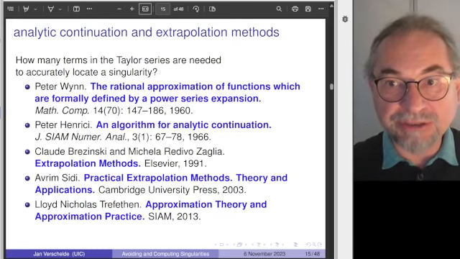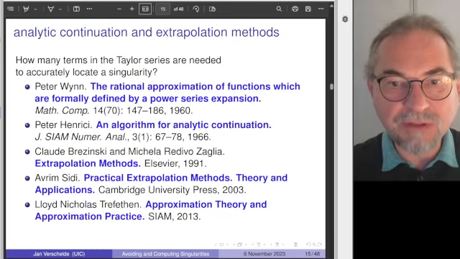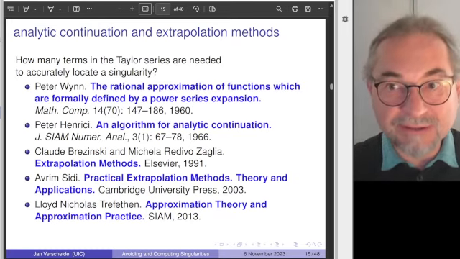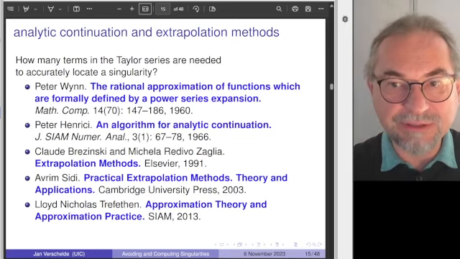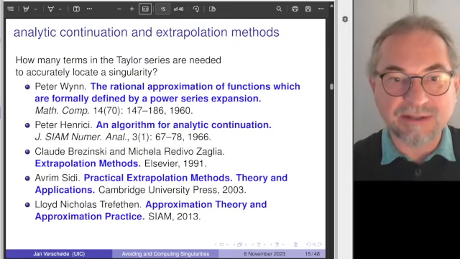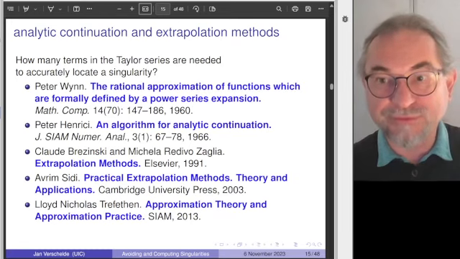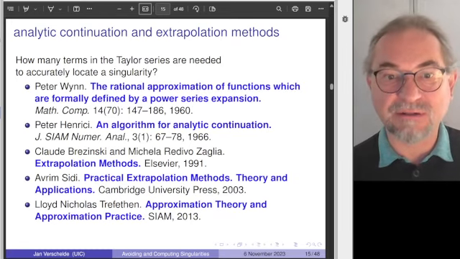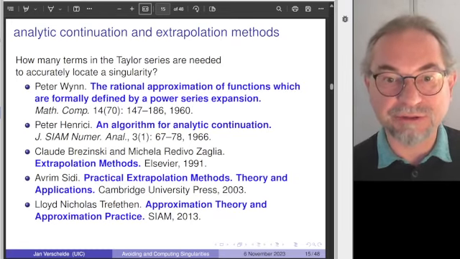So extrapolation methods are very well developed. And then the last reference is a little bit more recent, already 10 years old, but that also gives a more modern view on a very classical field of approximation theory.